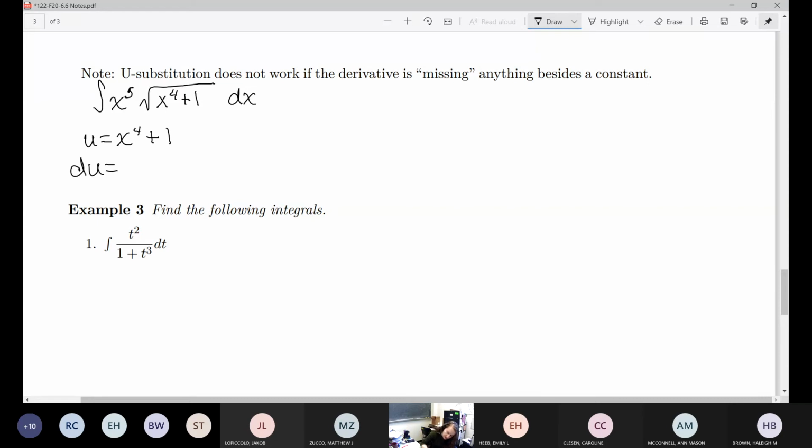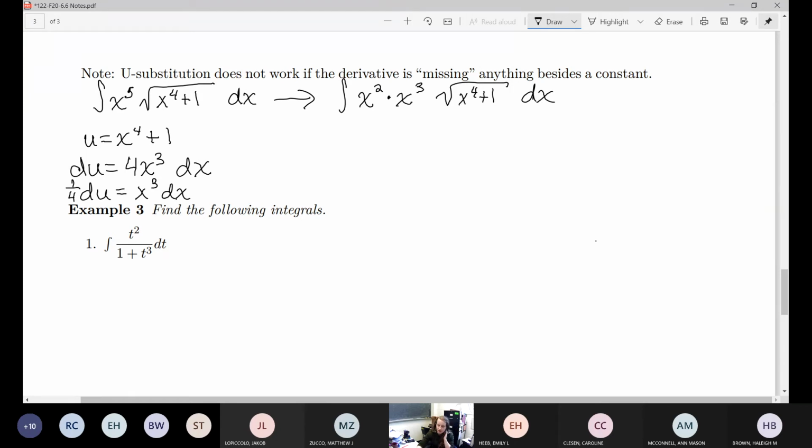But then when we take its derivative, we get 4x cubed. Now technically, in this integral, if I break this up into x squared times x cubed, I do technically have an x cubed that shows up there. Now I don't need the 4 just like last time, so let me kick it over to the other side.